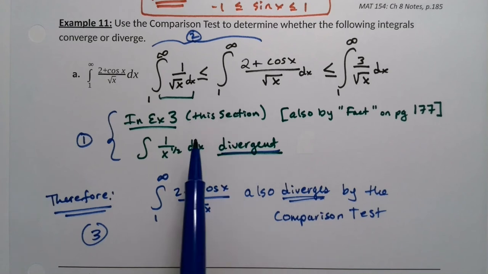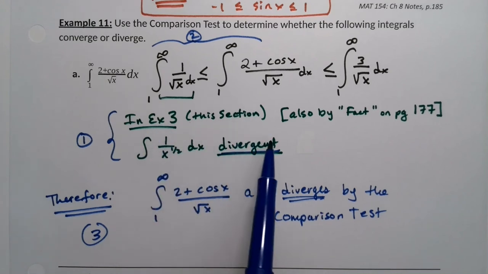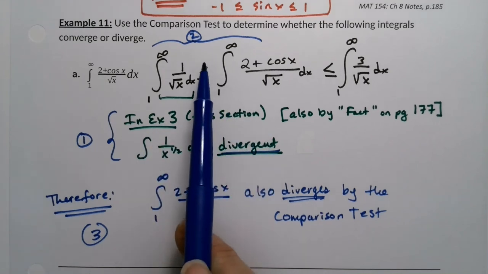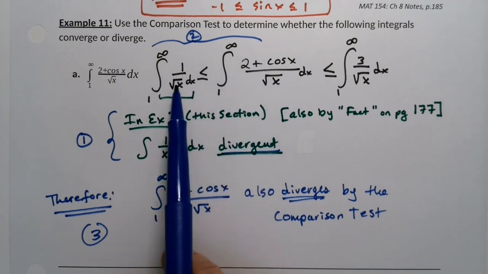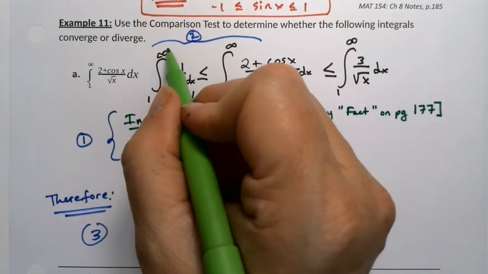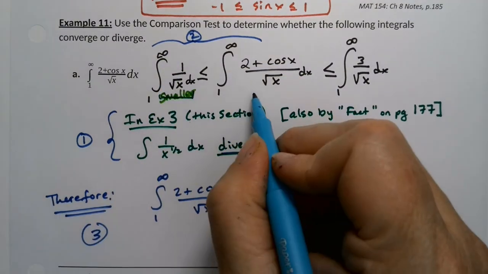Step 1 is here; I got them in opposite order from last time. I did the divergence or convergence proof. Step 2, I proved that this function is always less than this function. Since the smaller one right here diverges, then the bigger one also must diverge.